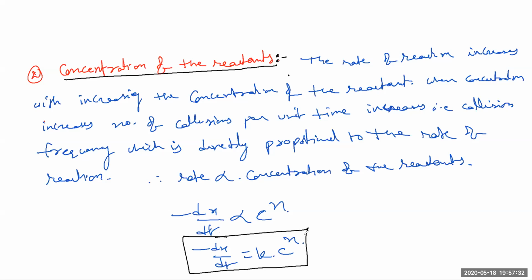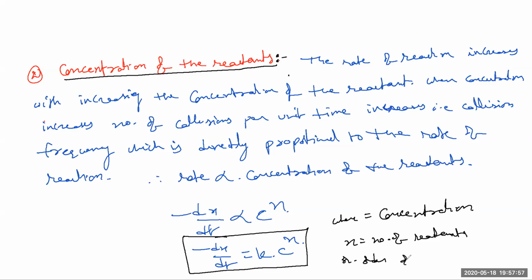Here C is the concentration. Here n is the number of reactants or overall order of the reaction. What is order? Later we'll discuss. Here minus dx by dt is the rate. Minus dx by dt means with respect to reactant.